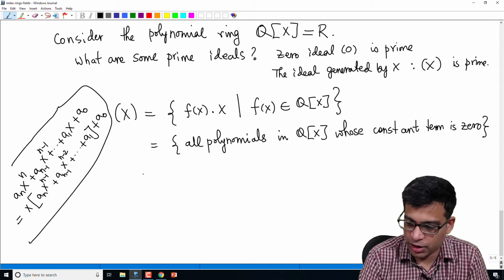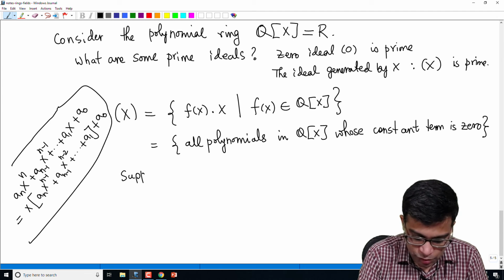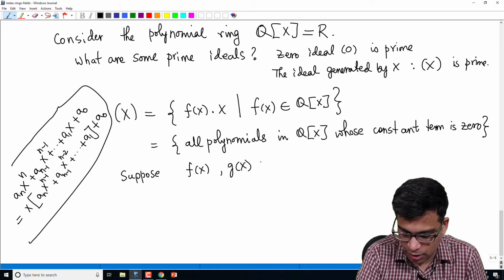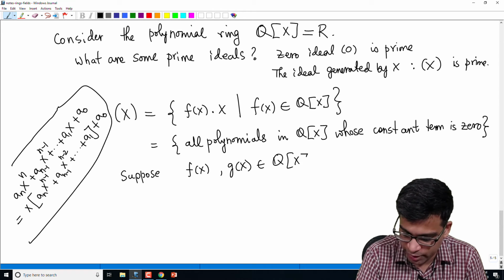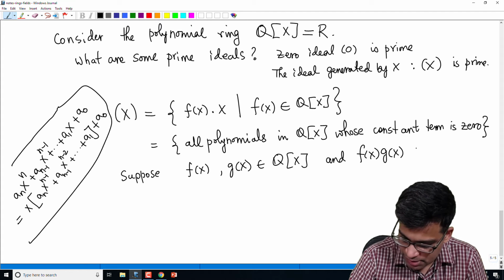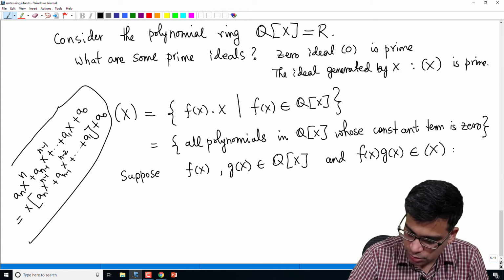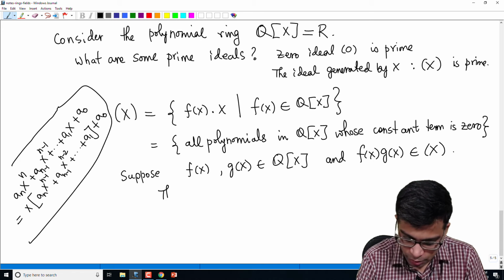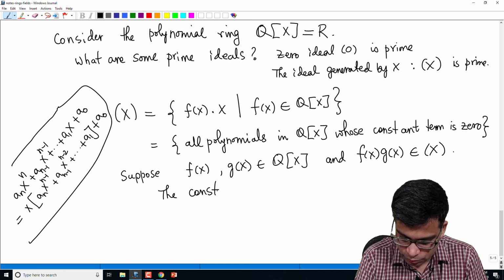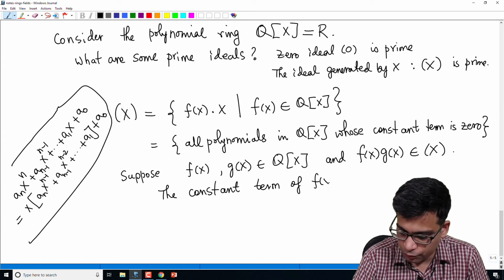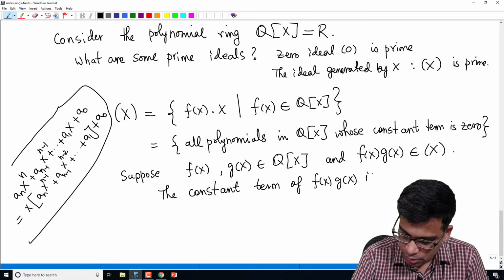This is prime. One can check quickly, because suppose f(x) and g(x) are polynomials in the polynomial ring Q[x], and suppose f(x) times g(x) is in the ideal generated by x. That means the constant term of f(x) times g(x) is 0.